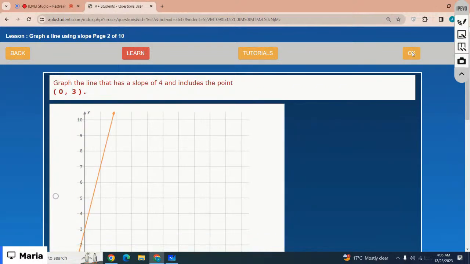Graph the line that has a slope of 4 and includes the point 0, 0.03. Okay, you are given the slope that is 4 and the point you are given is 0, 0.03. So which is the correct option?